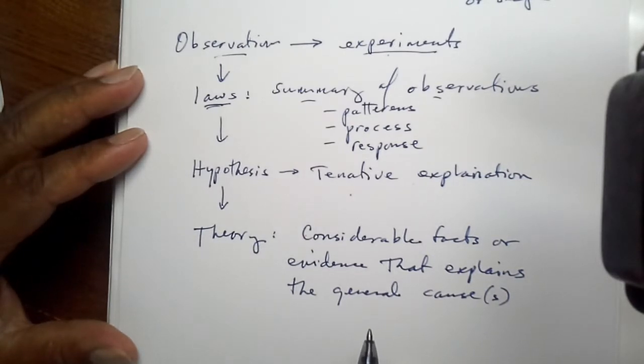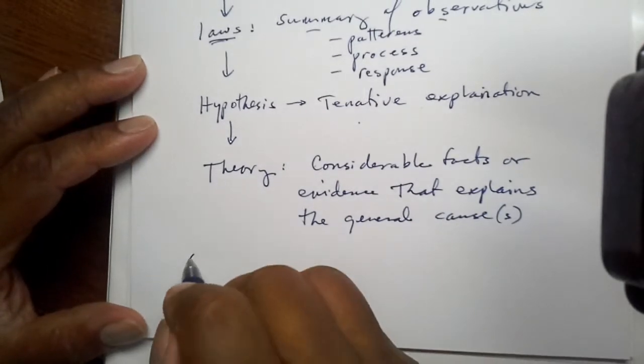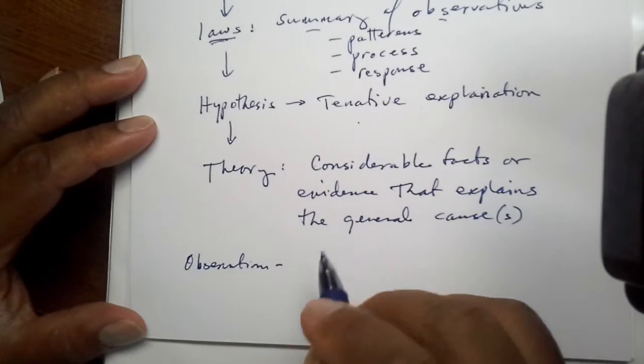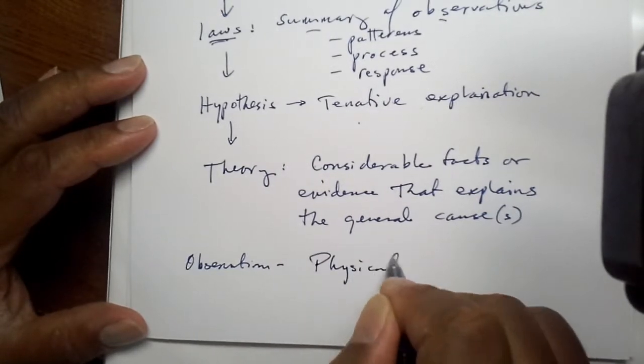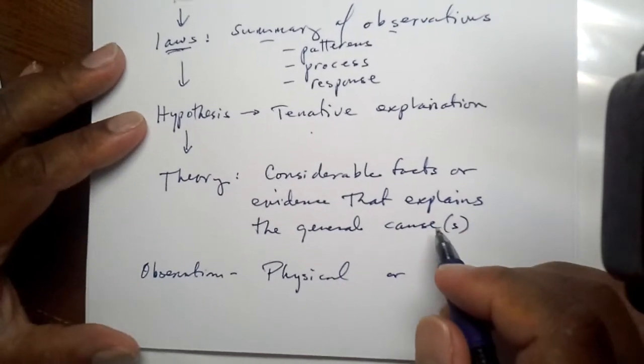Now, sometimes the kinds of observations we make can be one of two types: physical, or they can be chemical.